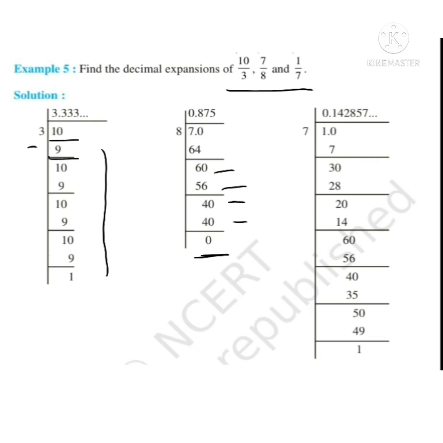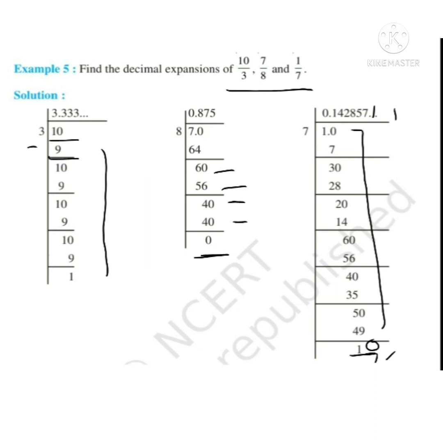When we divide 1 by 7, you can see that it keeps on dividing, and the answer is 0.142857, and the last remainder is 1. Now when 1 is the remainder, we can again place a 0, and 7 1s are 7, and this process starts again from here only.